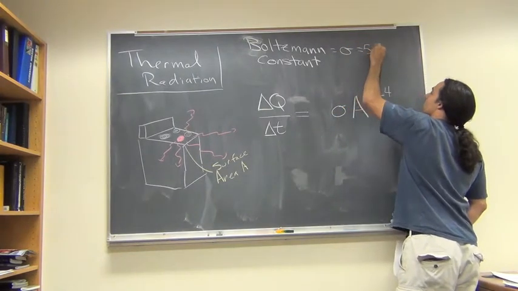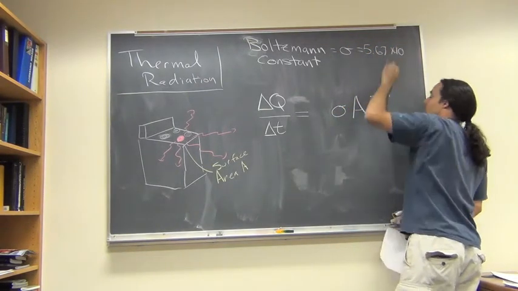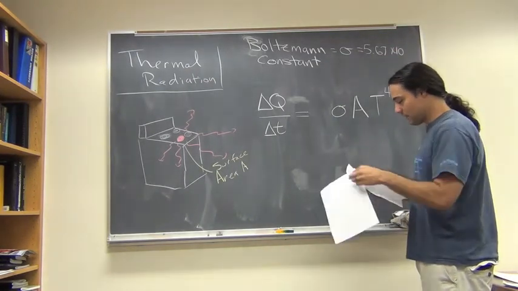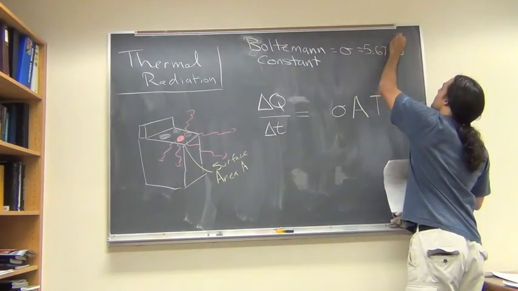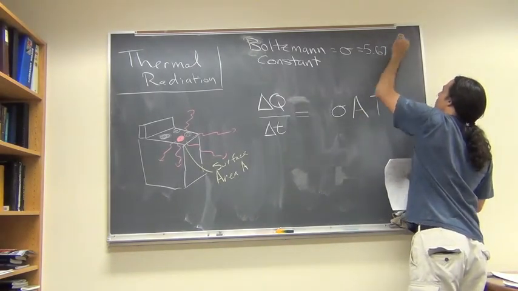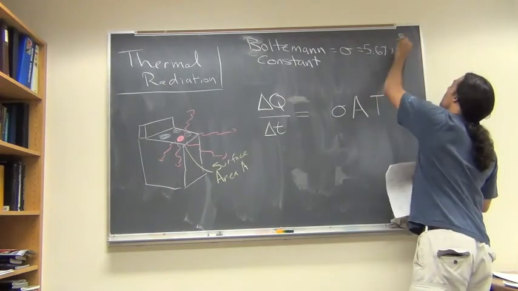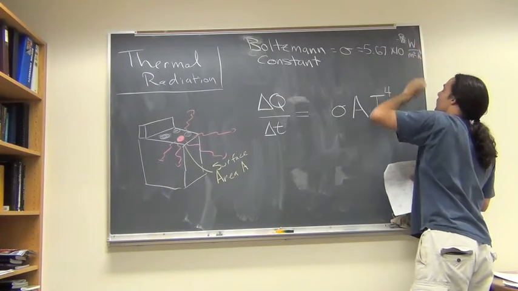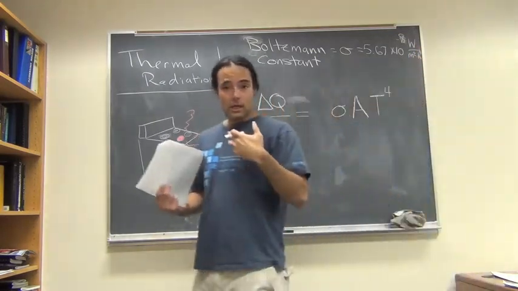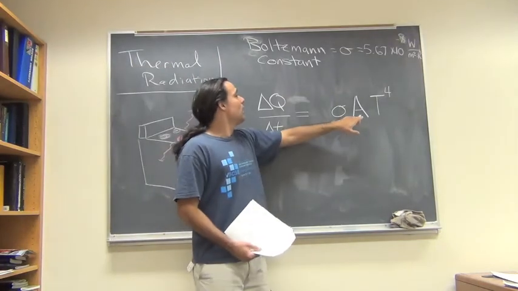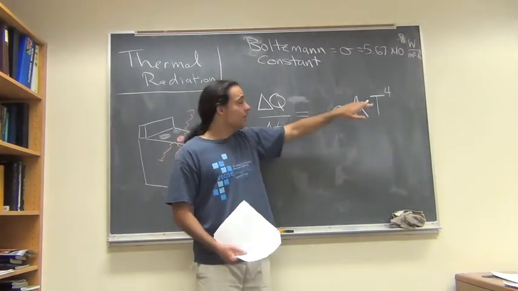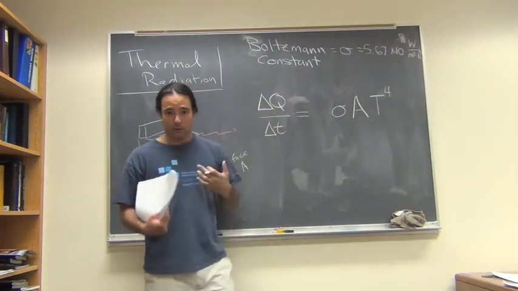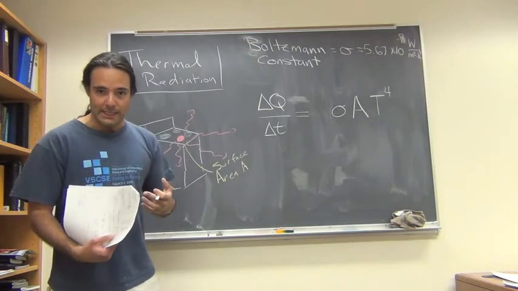It's equal to 5.67 times 10 to the minus 8 watts per meter squared Kelvin to the fourth power. Okay, now if you plug in those units, temperature to the fourth power cancels Kelvin to the fourth power, the area cancels the meters squared, and we're left with just watts, which is the unit we want for the rate at which we're transferring heat.